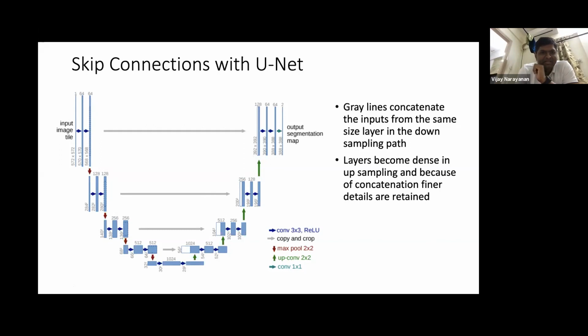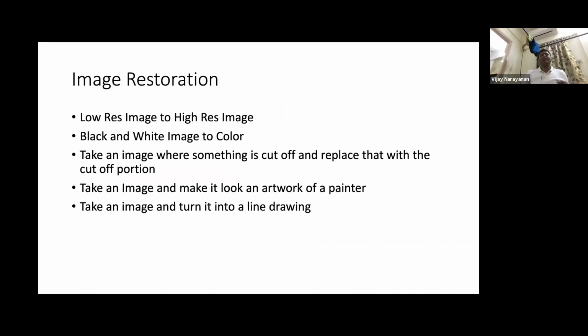Okay, fine. So now we get on to the next step, basically how to use them to get image restoration done, right? There are a number of things that Jeremy mentions you can do here. Basically, take a low-res image to high-res, convert a black and white image to color, take an image where something is missing and try to find what is missing and put it there, or take an image and make it look like the painting of Monet or Leonardo da Vinci.